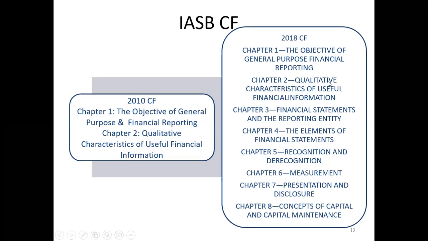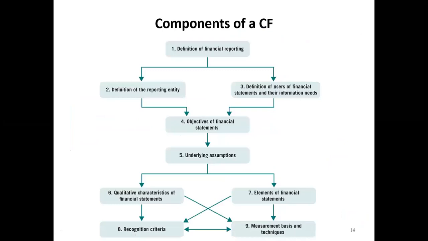These two aspects have no changes because they were already agreed. It is only the rest of the part, from chapter 3 to chapter 8, that is new. The 2018 update was from chapter 3 to 8, because chapters 1 and 2 were updated in 2010, so no changes there.